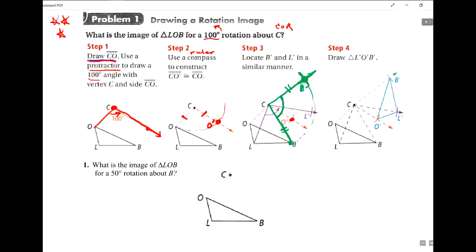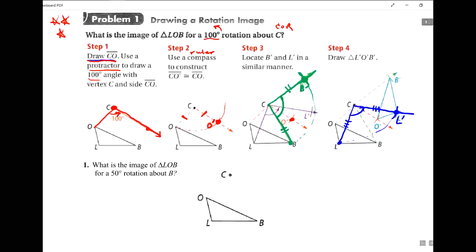And then you guessed it, we take our third point, point L, we draw a line to point L, we take our protractor, measure 100 degrees counterclockwise, draw a line, and then with our ruler, we measure the length of CL, and then we come over here and we make CL prime the same distance, or we take our compass and come around here till we find that intersection.